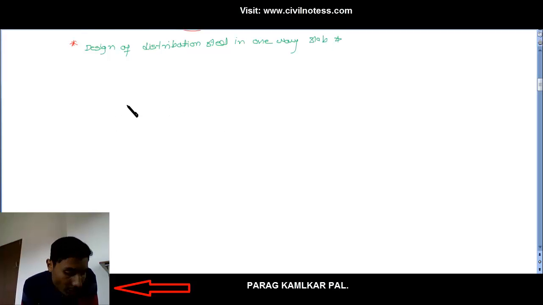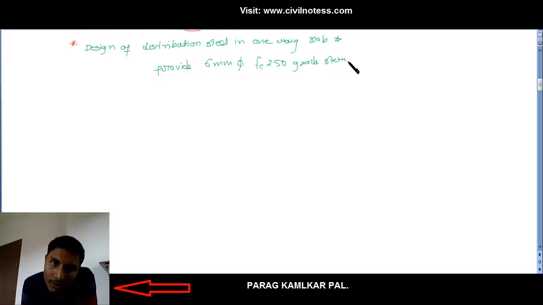I wanted to provide 6 mm diameter bar, which is Fe 250 grade of steel. Remember these things: design of distribution steel in one way slab, I wanted to provide 6 mm diameter of Fe 250 steel.